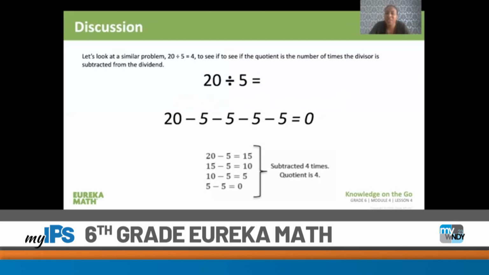20 minus 5 equals 15. 15 minus 5 equals 10. 10 minus 5 equals 5. And 5 minus 5 equals 0. We subtracted 4 times.